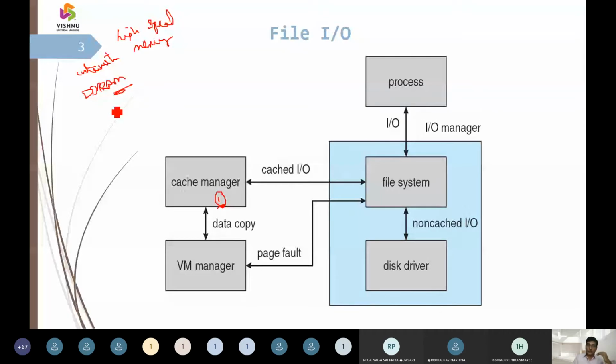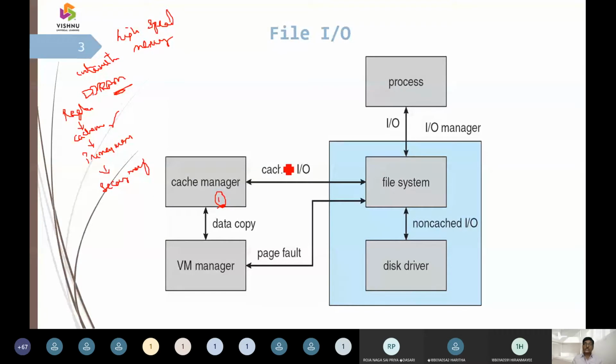It is a level next to the register. So we will be having the register, then the cache memory, then the primary memory, then the secondary memory. In this hierarchy, cache memory has the second position.